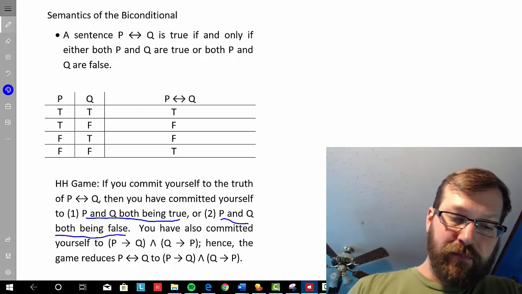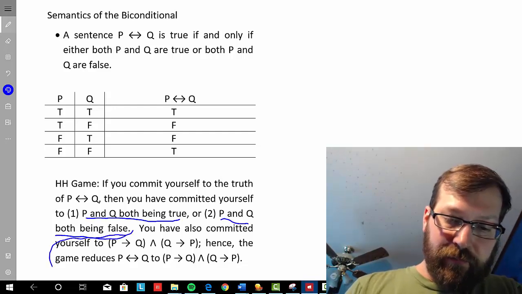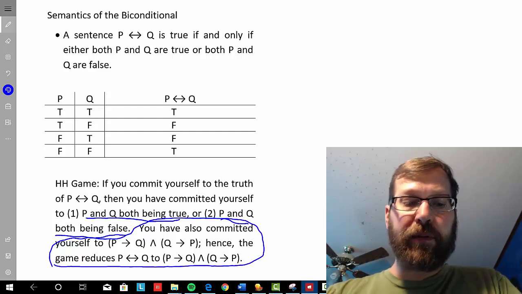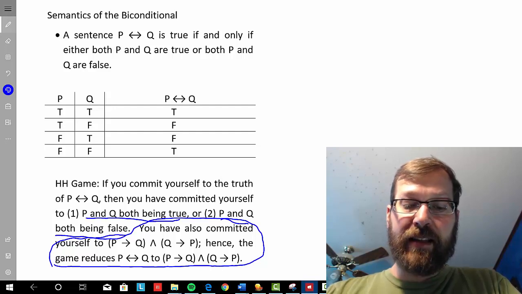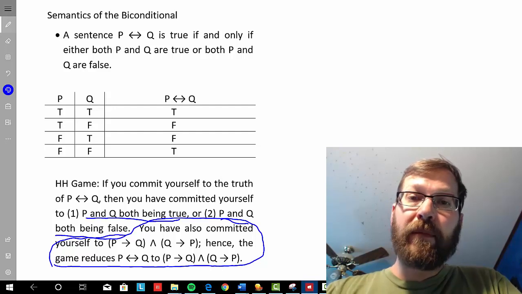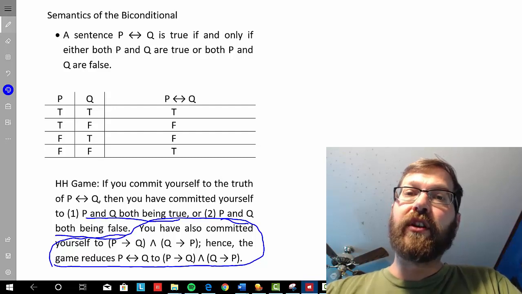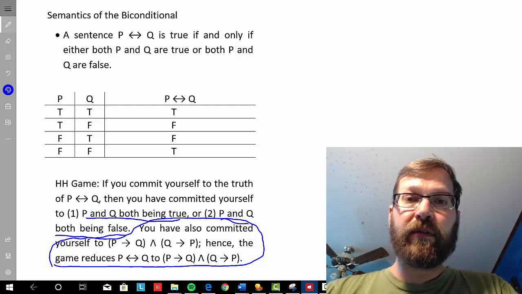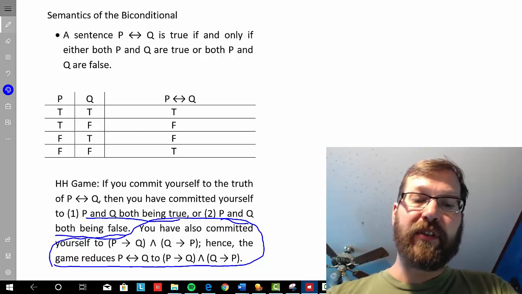But you've also committed yourself to the truth of both if P then Q and if Q then P. So you've committed yourself to a conjunction of two conditionals, one running one direction, the other running the opposite direction.